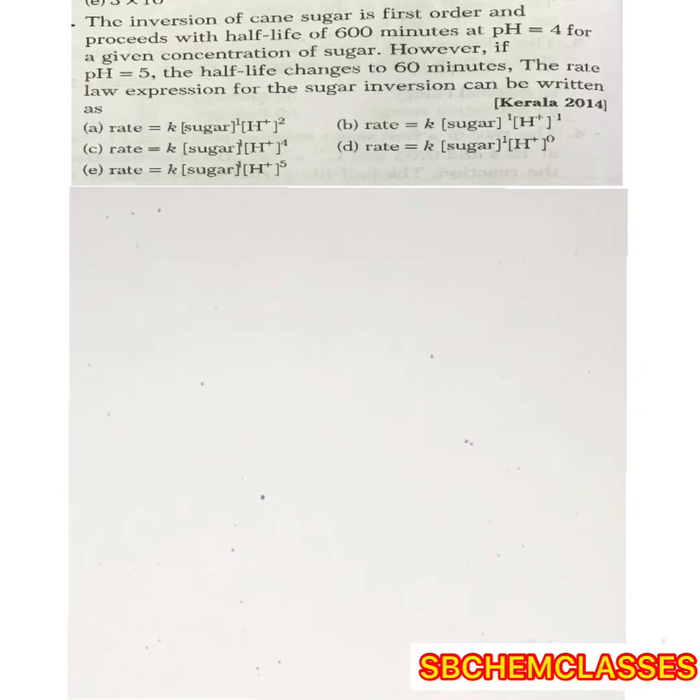The inversion of cane sugar is first order and proceeds with a half-life of 600 minutes at pH equal to 4 for a given concentration of sugar. However, if pH equal to 5, the half-life changes to 60 minutes. The rate law expression for the sugar inversion can be written as.